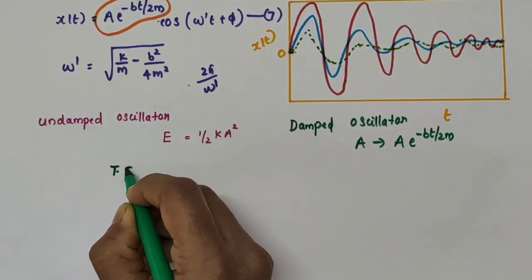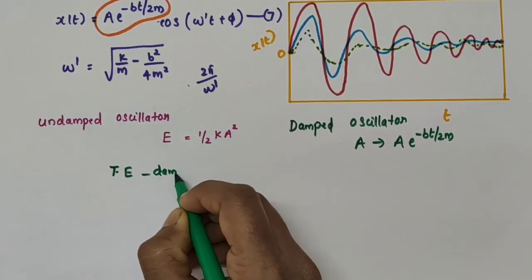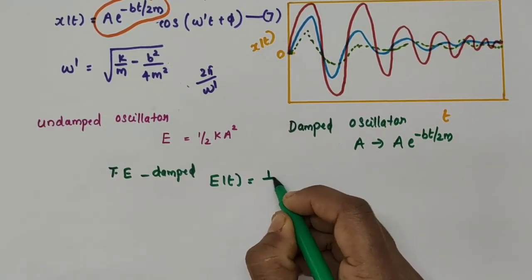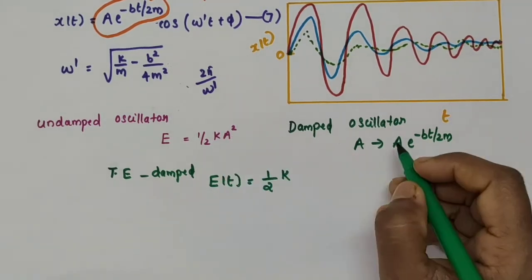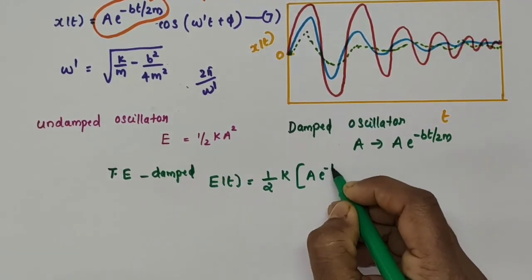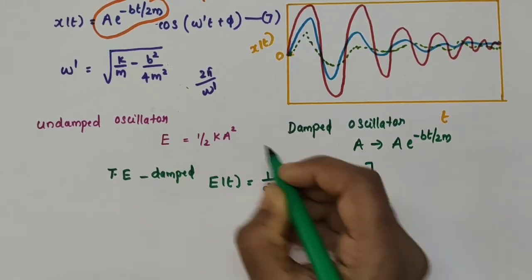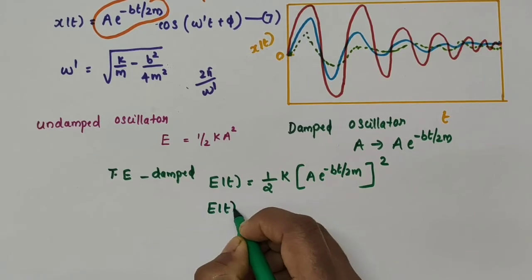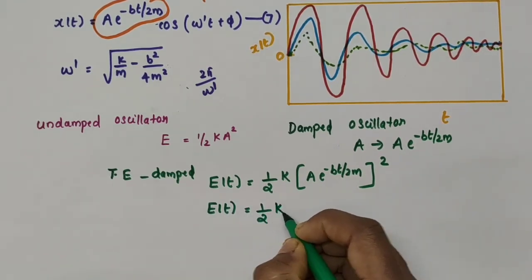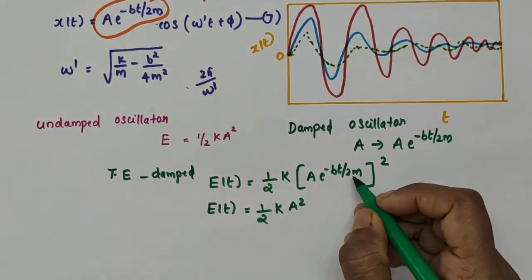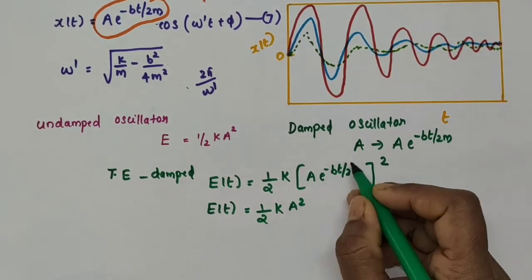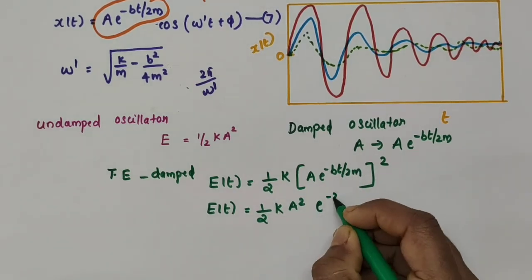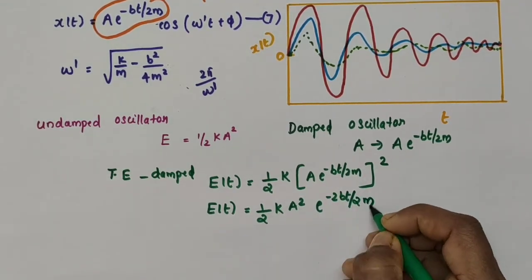So the total energy of the damped oscillator can be written as E of t is equal to half k into, instead of A, we want to take A e raised to minus bt by 2m. Then here A square, so all square. So this becomes E of t is equal to half k A square, and e raised to minus bt by 2m, the whole square, is e raised to minus 2bt by 2m.